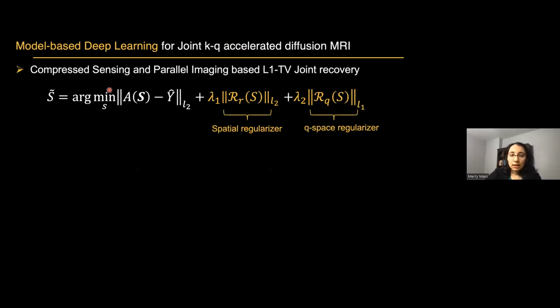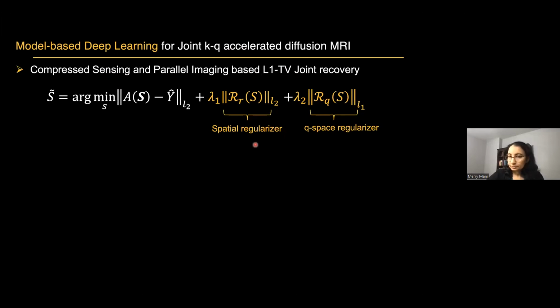Here I'm showing the cost function for a traditional compressed sensing and parallel imaging based joint KQ space acceleration. Here we are talking about the joint recovery of all the Q space points. Because we want to push the acceleration to extreme levels, we are making use of many regularizers.